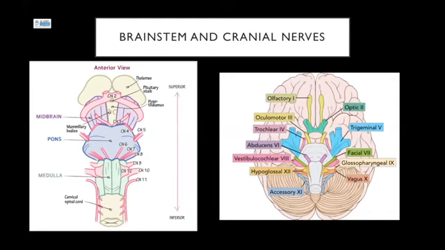So we're now moving on to look at the brainstem in a bit more detail and some of the cranial nerves. These are diagrammatic illustrations of the brainstem and cranial nerves. As you know, there's 12 cranial nerves in total. The olfactory nerve and the optic nerve originate from the cerebrum, but cranial nerves 3 to 12 arise from the brainstem.